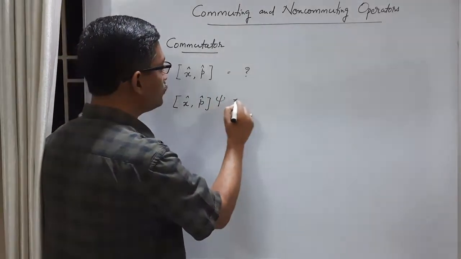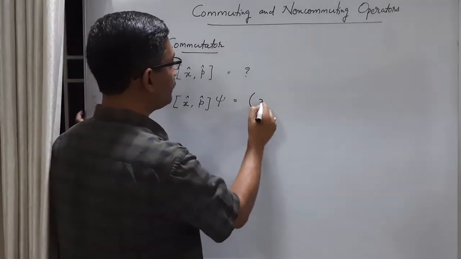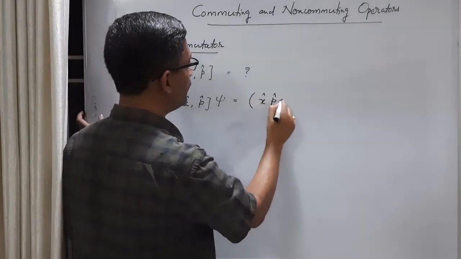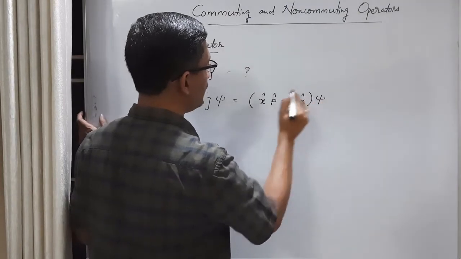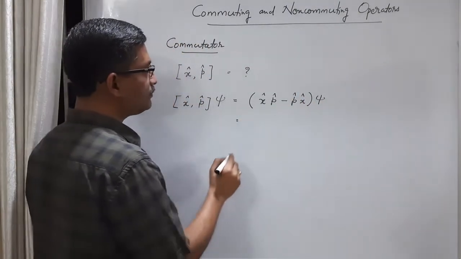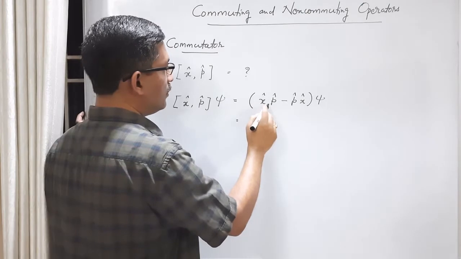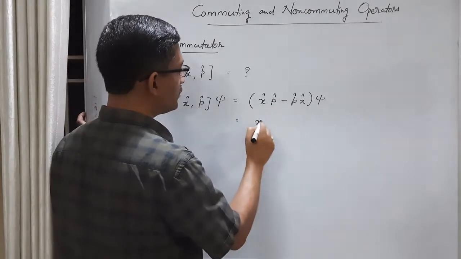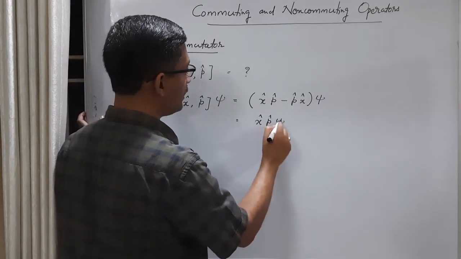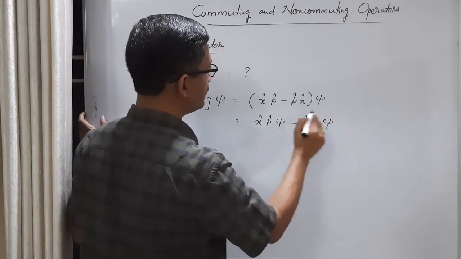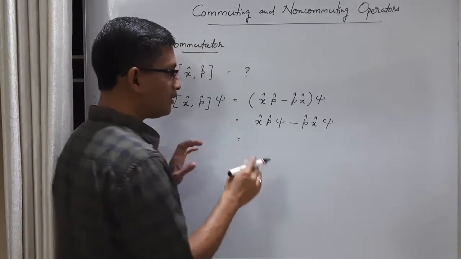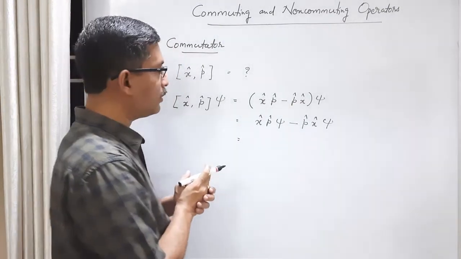So this is equal to, we can expand this commutator, (xp minus px) acting on psi. So if I open the bracket, xp psi minus px psi. Let us substitute the operator value here.